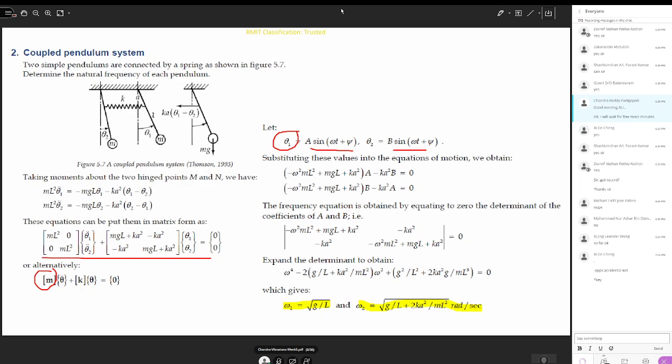Okay, so now we take the first derivative and second derivative and replace here. We can use these two equations, equation 1 and 2.